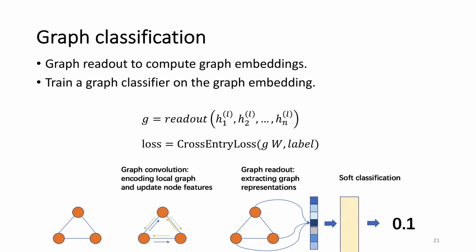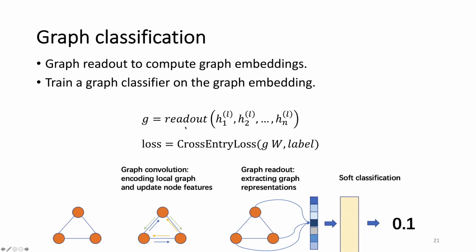So in that case, what I do first is a readout of all the embeddings of the graph into a single representation. I have some sort of readout function, and that can potentially be a trainable function.